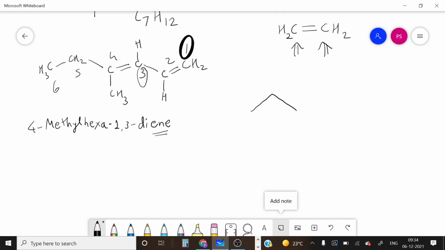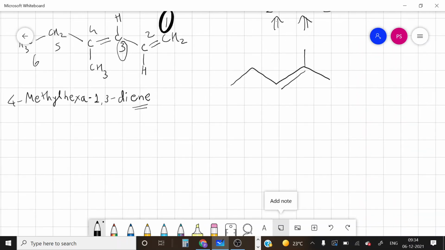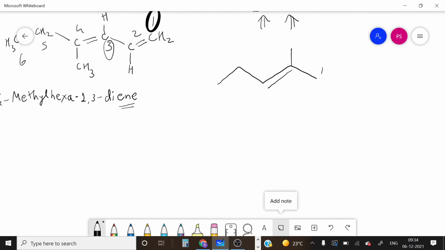Now the simple example is this. Give the numbering 1, 2, 3, 4, 5. Substituent is at second position. Now what is the formula? CH3 CH2 CH double bond C CH3 CH3.